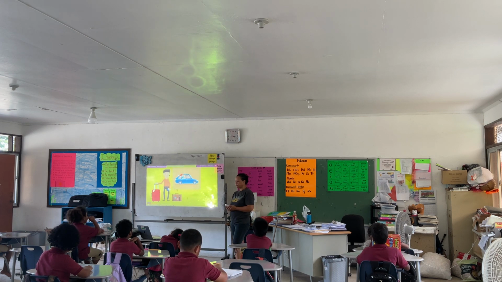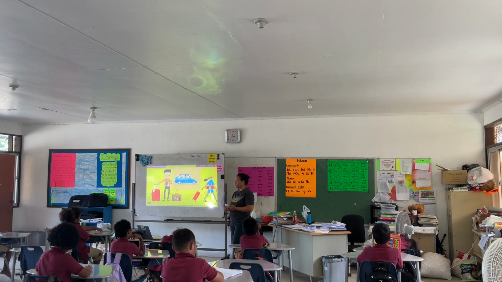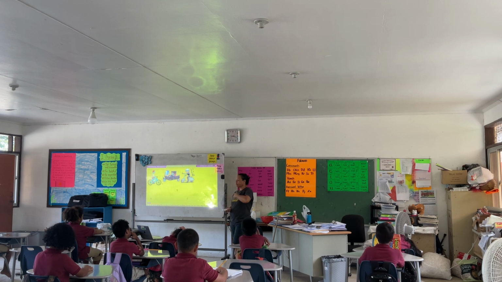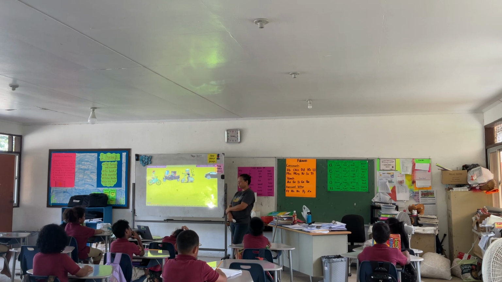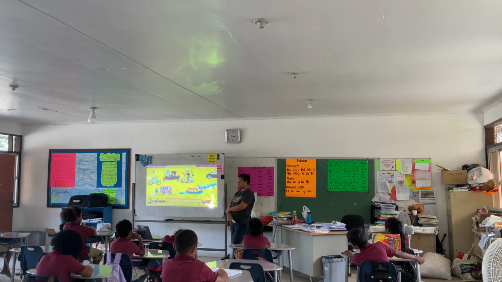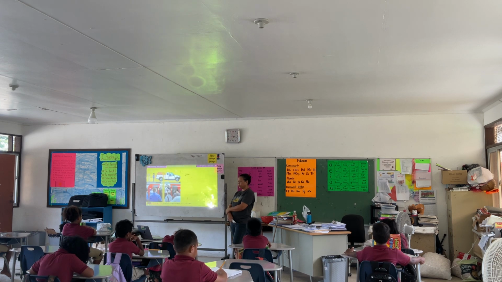We need to travel from one place to another all the time. We can walk to places which are very close. To go to places far, we have to use a bicycle, rickshaw, scooter, car, bus, train, ship, or airplane. Means of transport can carry both people and goods from one place to another.